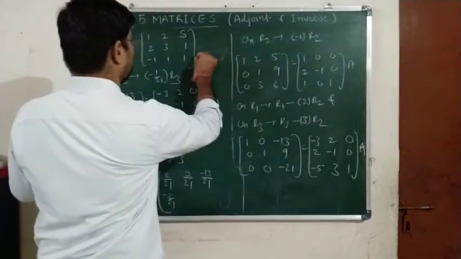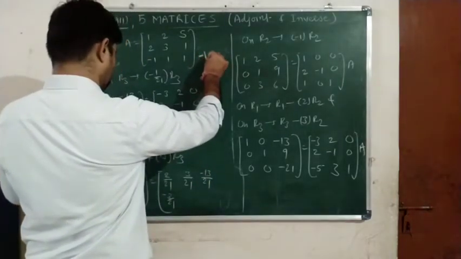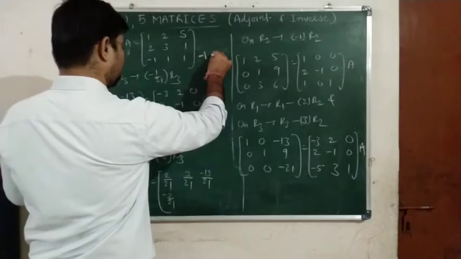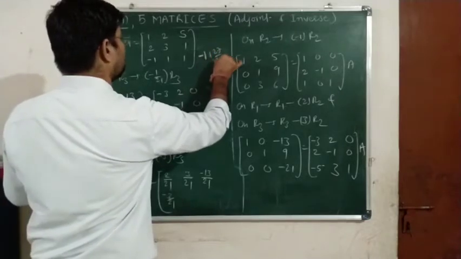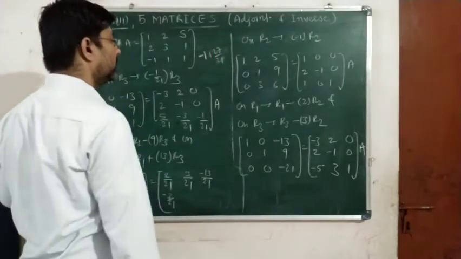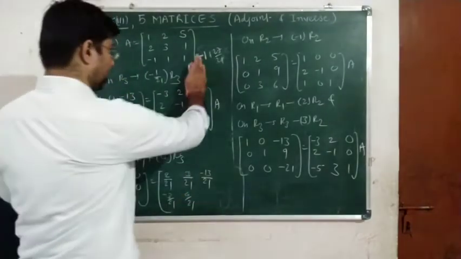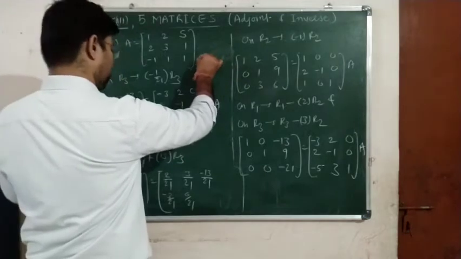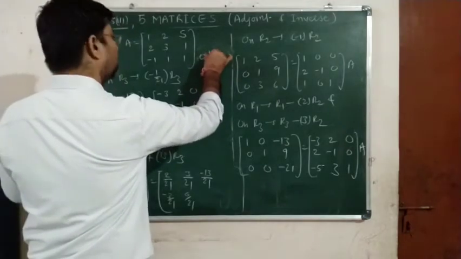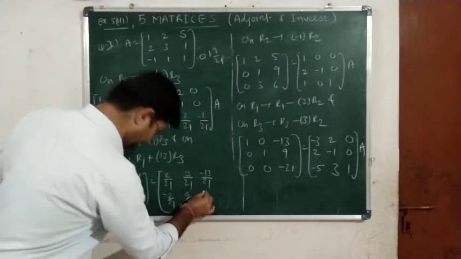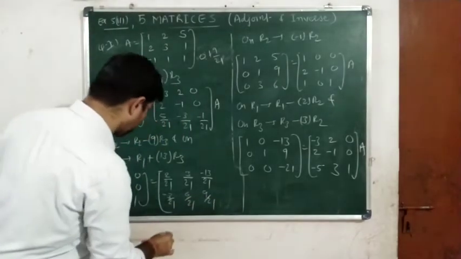Okay, then we have minus 1 and minus minus plus 27 by 21, 6 by 21, and then 0 plus 9 by 21, so 9 by 21 only.